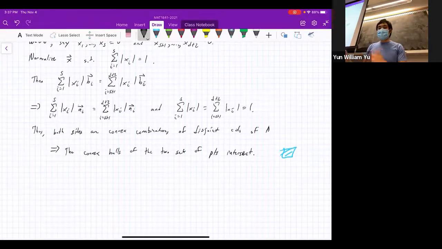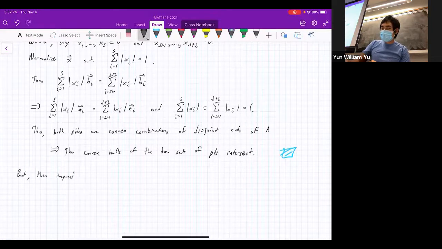But what happens if they intersect? Well, then you clearly can't put a linear separator in between them, right? So it's impossible to have a linear separator of these two sets.